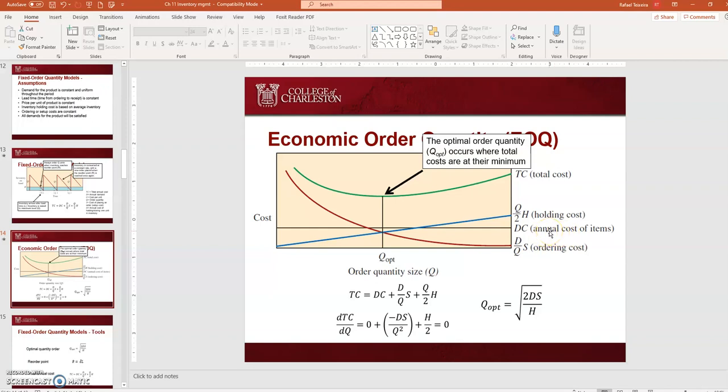That's the annual cost. And we have the ordering cost, which is how much it costs us to place orders, like having people managing all the process of placing orders. When we solve for all these different costs based on the quantity, we get the optimal order quantity.